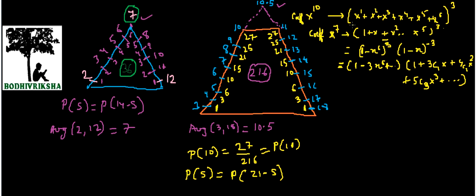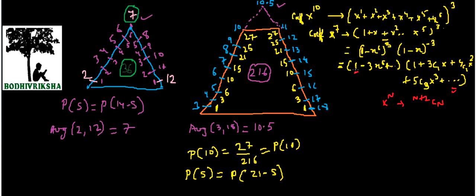Now since we needed the coefficient of x to the power 7, at first let's take the 1 from this bracket, and then x to the power 7 from the second expression. In this second expression, if we're looking for the coefficient of x to the power n, then we are talking about n plus 2 c n.